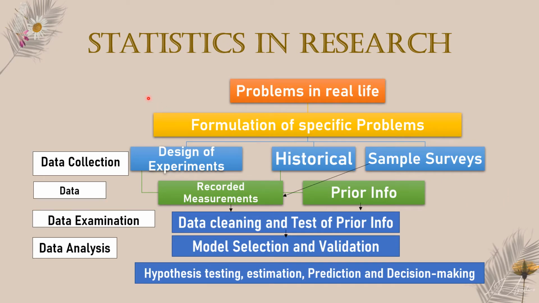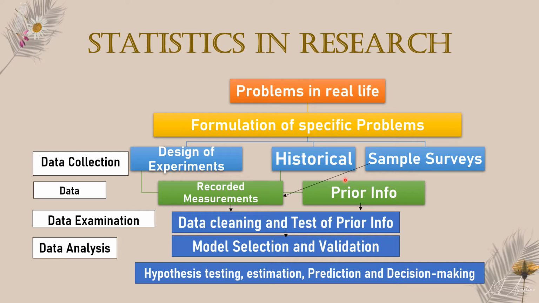Also, we have here statistics in research. For example, we have problems in real life, a formulation of specific problems, and then in our data collection, we have the design of experiments, especially in experimental, in historical, and then sample surveys.